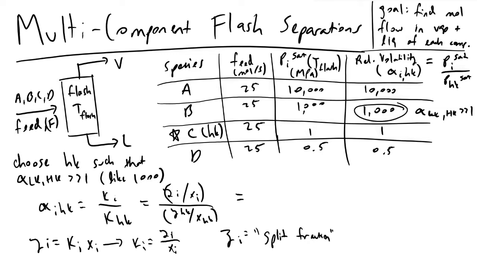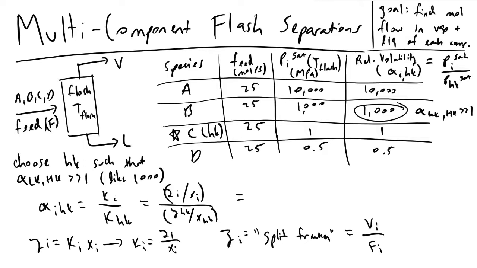And this split fraction term tells us how much of a component i ends up in the vapor phase relative to how much of component i entered our flash drum in the feed. And what you do is the following.